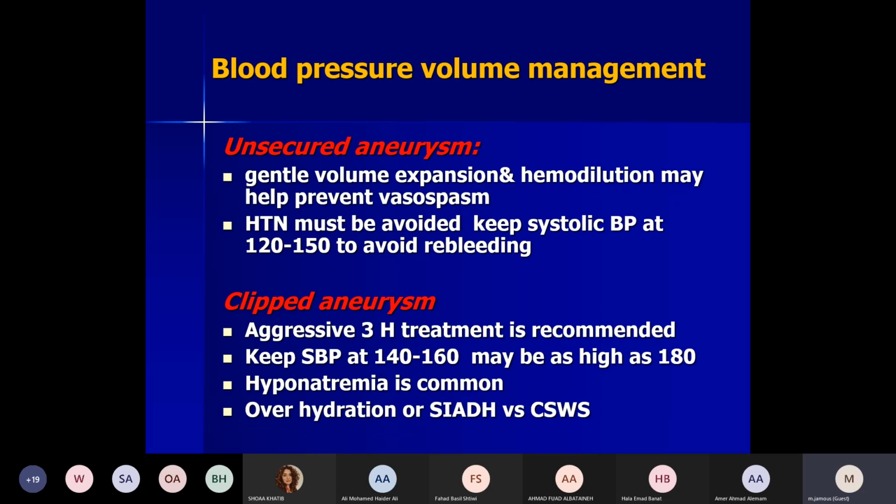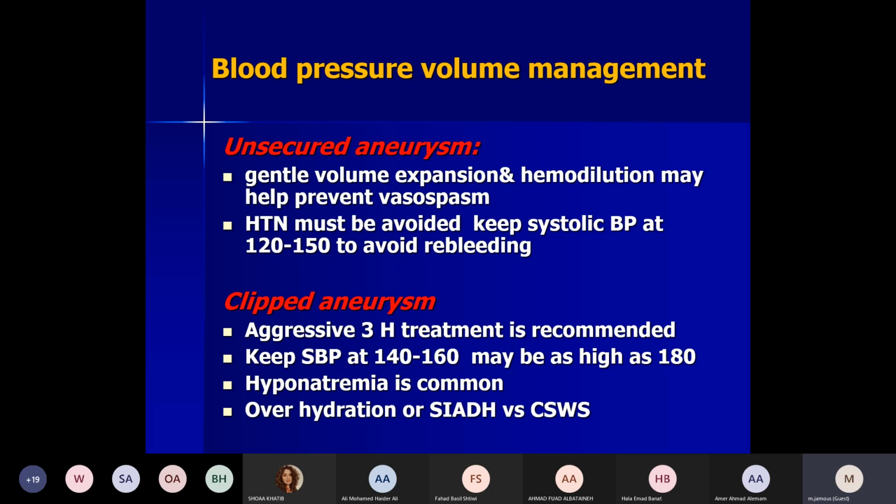So we need to control blood pressure. If the aneurysm is not secured, we call it unsecured. It is not treated. Still, there is risk for rebleed or re-rupture. We keep the blood pressure on the low side, normotensive or hypotensive side.